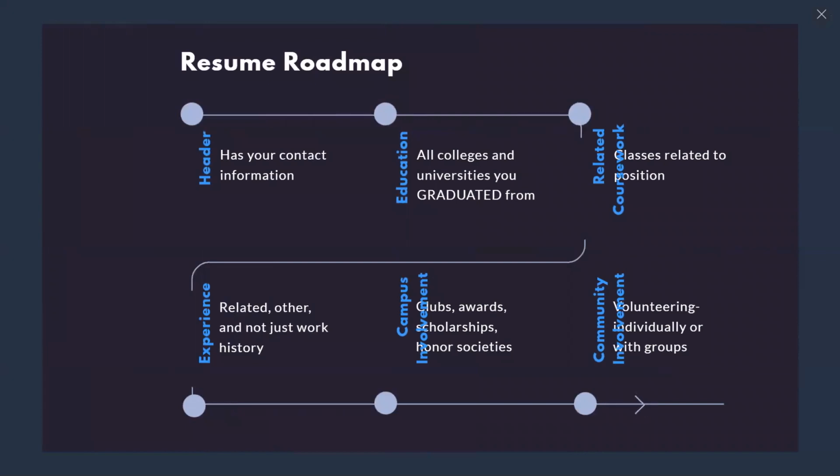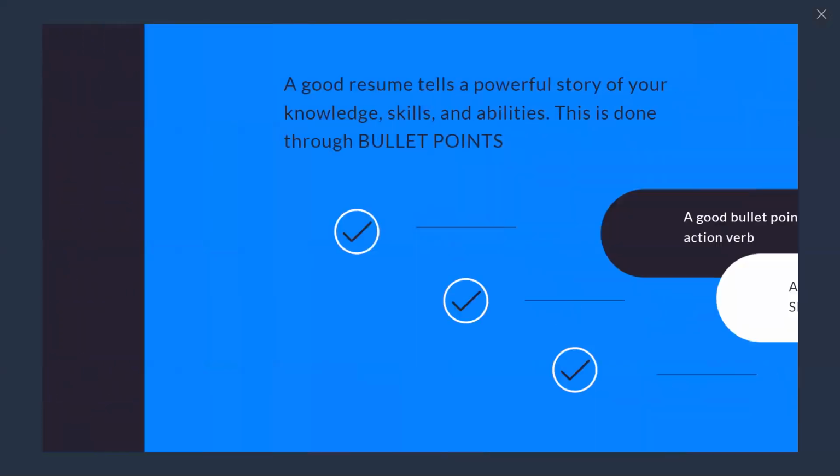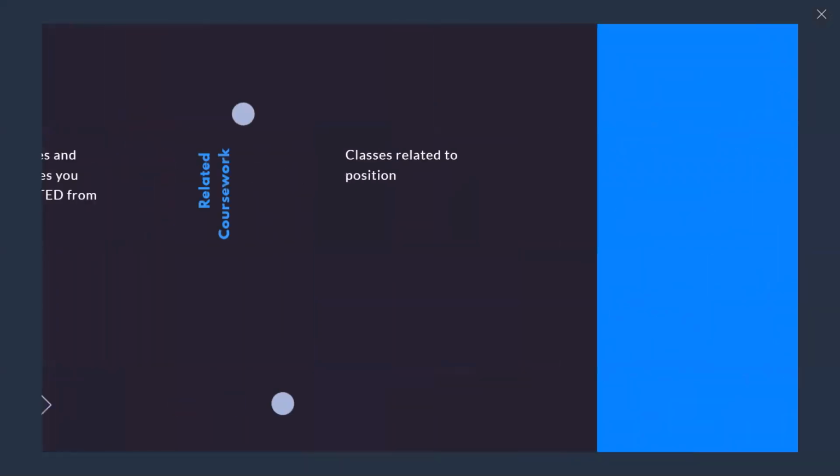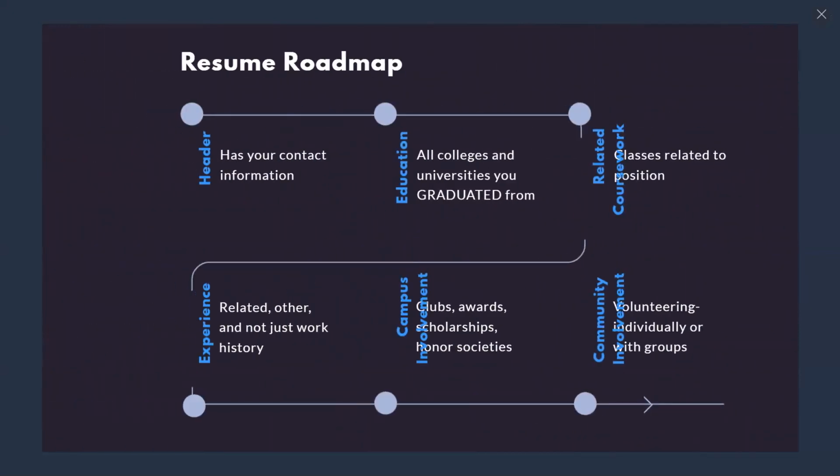Okay. And then we can also have community involvement, and this is volunteer work. We don't want to call it community service because that kind of implies that it's court ordered. But this is any time that you're giving your time to an organization, individually or with a group.